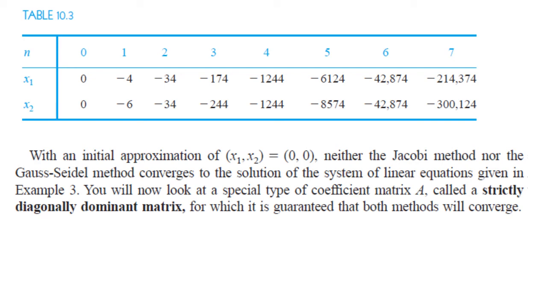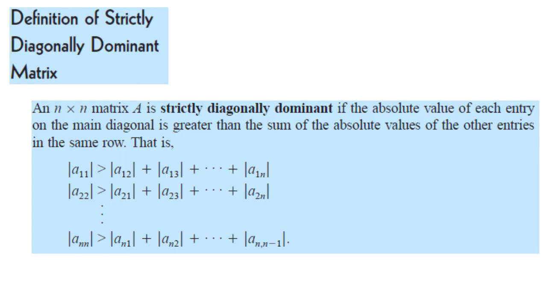So let's see, students, what is a diagonally dominant matrix. What is the definition here? It says that an n cross n square matrix is strictly diagonally dominant if the absolute value of each entry on the main diagonal is greater than the sum of the absolute values of the other entries in the same row.